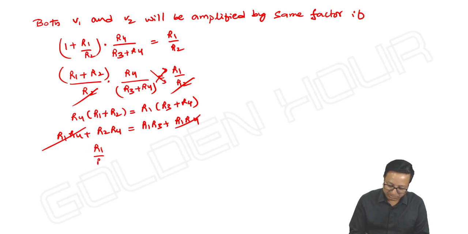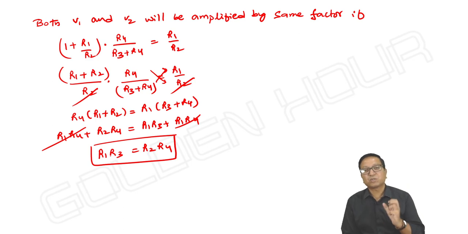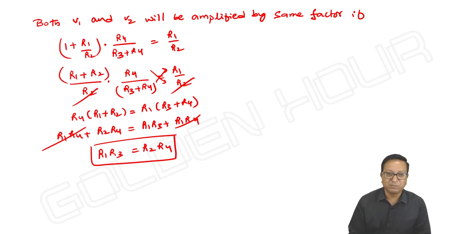So R1 by R2 is equal to R3 by R4, or R1 R3 is equal to R2 R4. We can write this is the condition. If this condition is met, then how much amount V1 is amplified, the same amount V2 also will be amplified. Or I can write R1 by R2 is equal to R4 by R3.